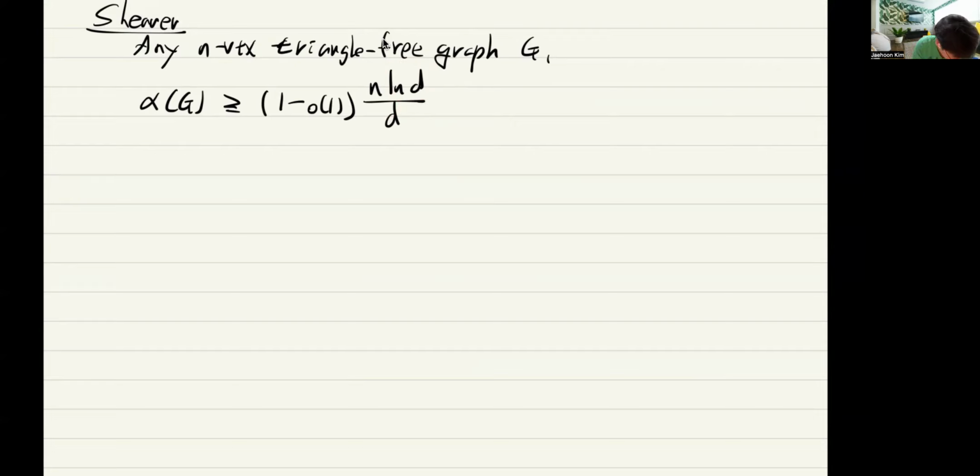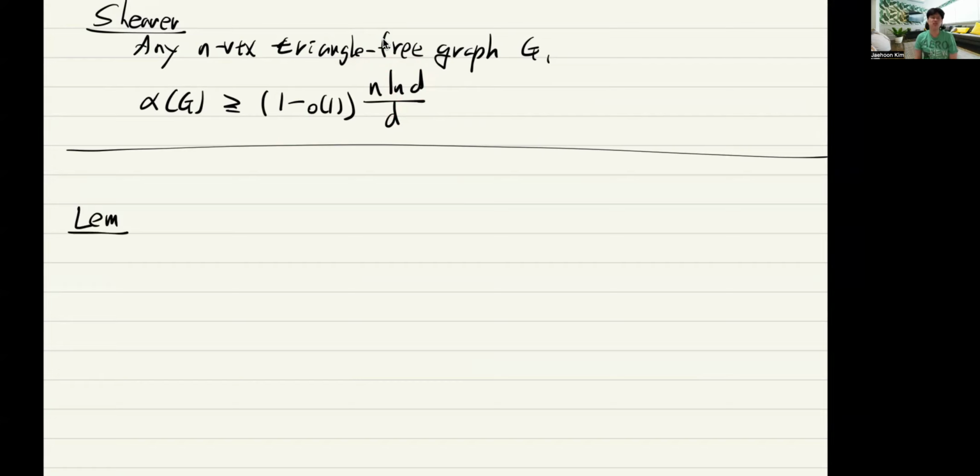Okay, so let's prove this. Instead of this, let's prove a weaker one because the proof is simpler. Essentially the idea is the same, but it's a bit simpler.